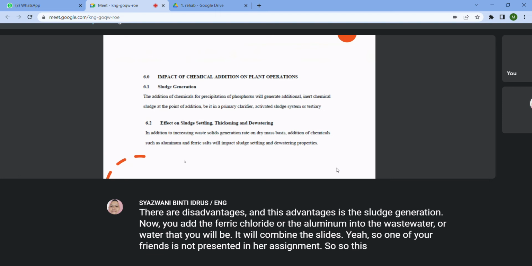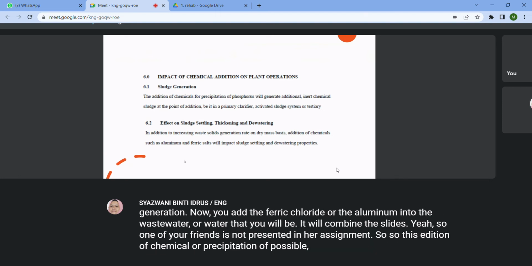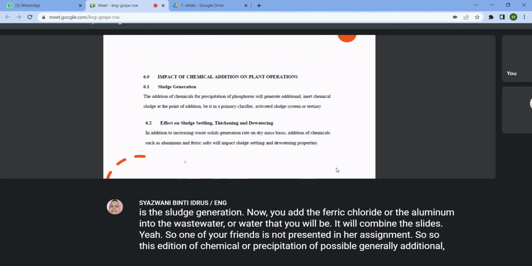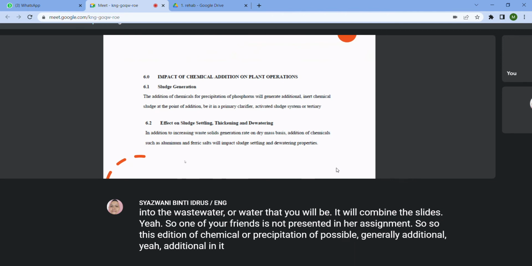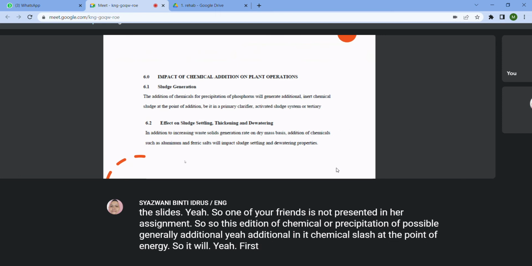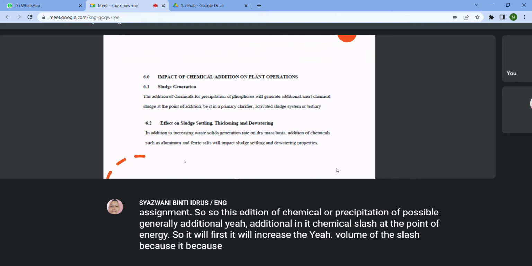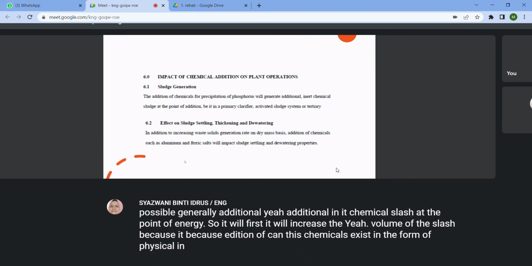This addition of chemicals for precipitation of phosphorus will generate additional inert chemical sludge at the point of addition. It will increase the volume of the sludge because the added chemicals exist in the form of suspended solids.